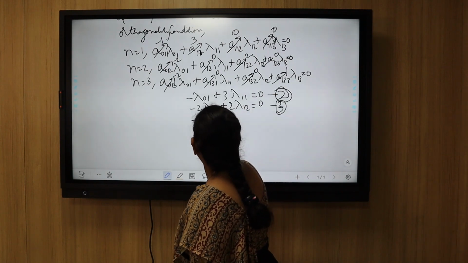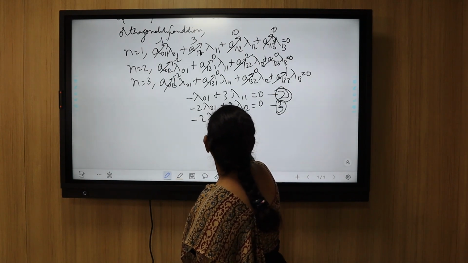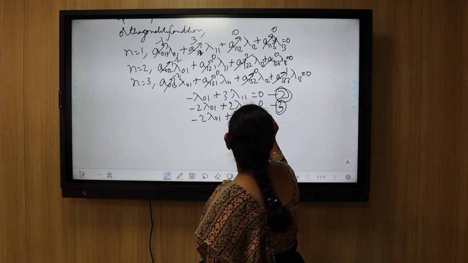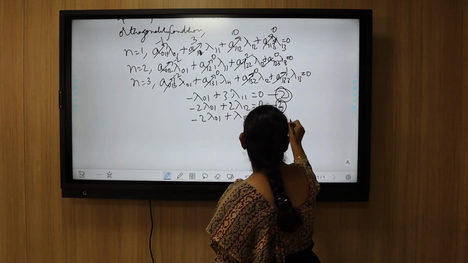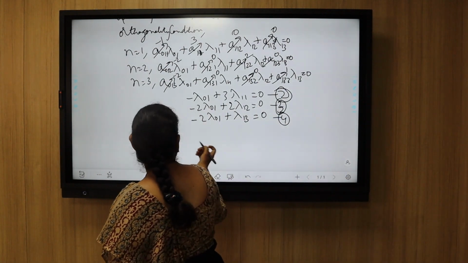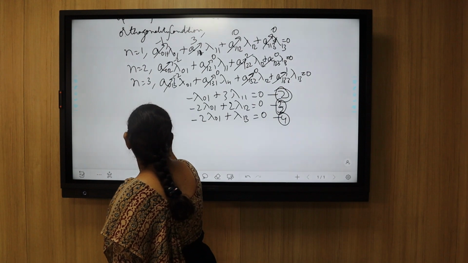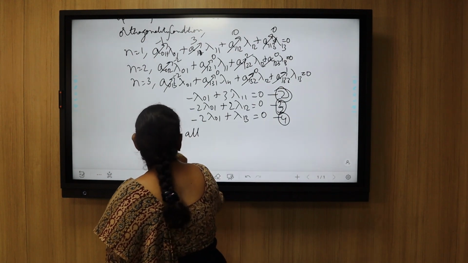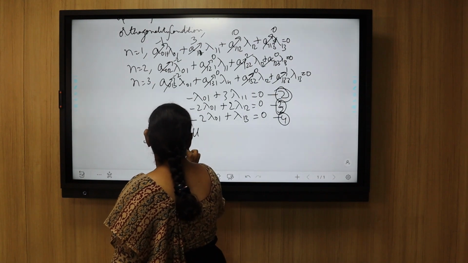Then minus 2 lambda 01 plus lambda 13 equal to 0 is equation 4. By solving all 4 equations, we will get the solution.